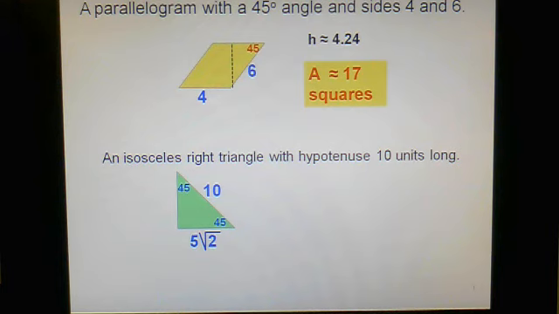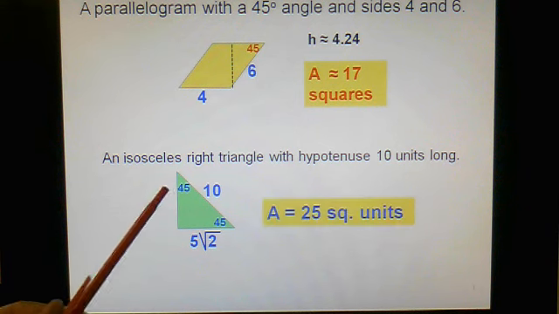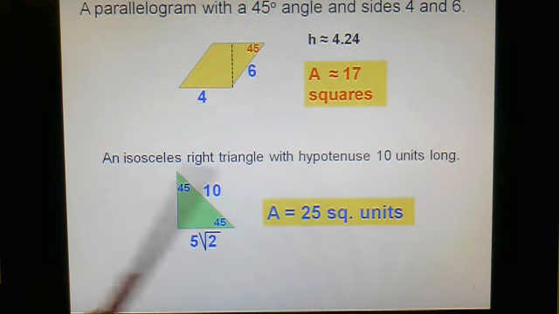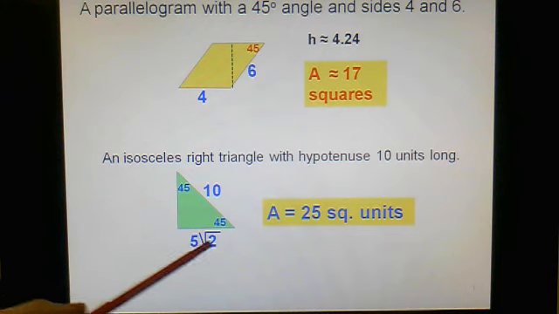Or you can certainly use some sine and cosine and get a value on there. Whatever you get for these two, as a decimal or radical, you then multiply them and divide by 2, and you should get 25 square units. So again, you can use sine or cosine, or you can use the ratios. 5 rad2 times 5 rad2 is 25 times 2, but at the end you're dividing by 2, so you get back to 25.